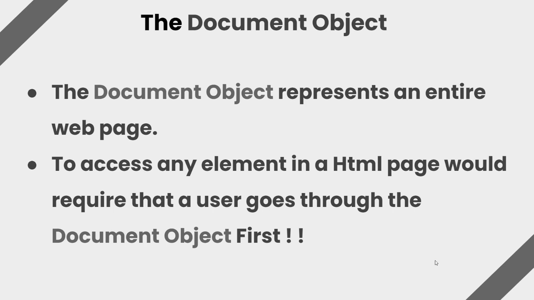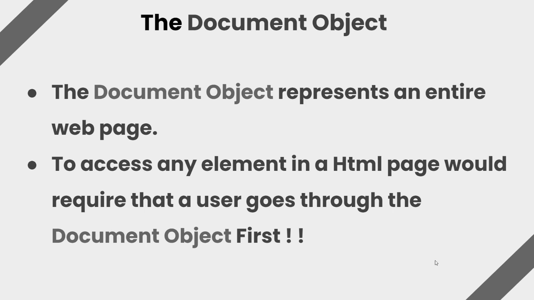Now, to access any element in an HTML page, a user has to go through the document object first. You can see that from the structure of the DOM. The DOM begins with the document, which is then followed by the very first element in your HTML document, which is the HTML element.